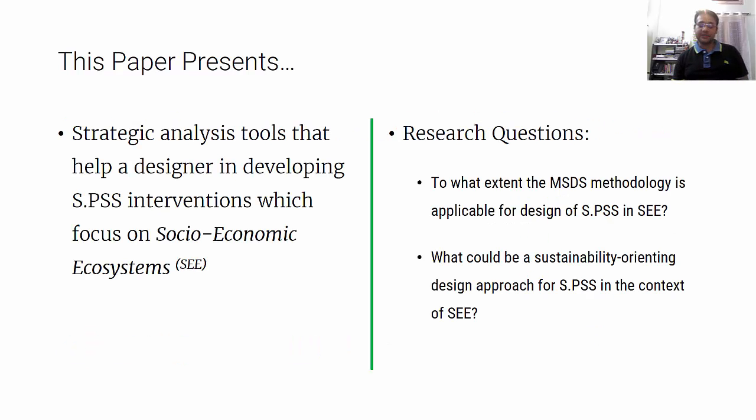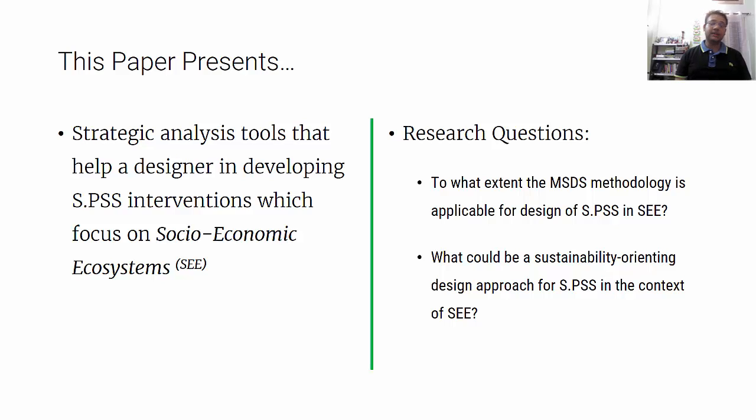Our paper presents strategic analysis tools that help a designer in developing sustainable product service systems for socio-economic ecosystems. There are two research questions that we want to answer. The first one is, to what extent is the methodology of system design for sustainability applicable for design of SPSS in an SEE context?